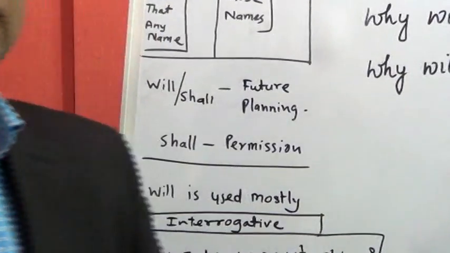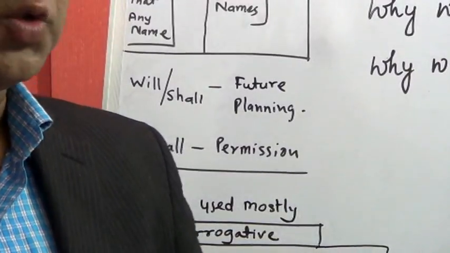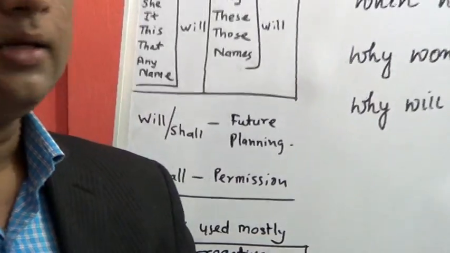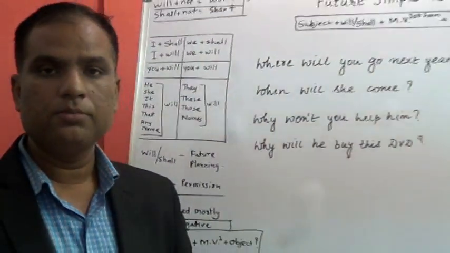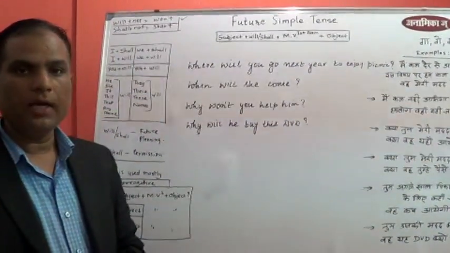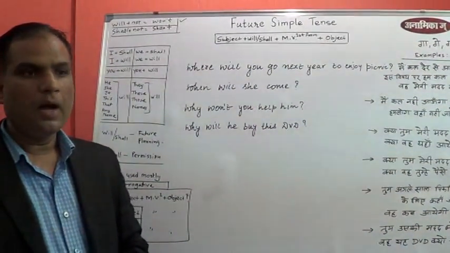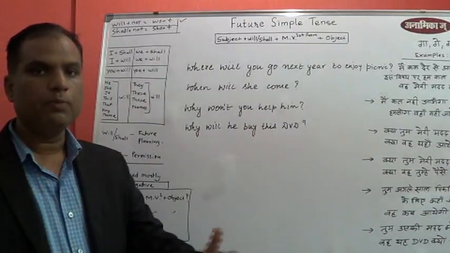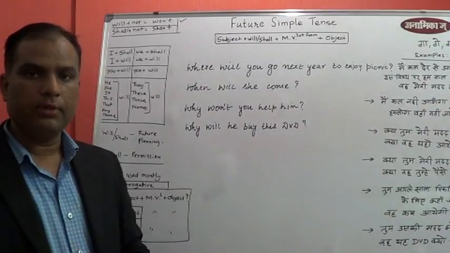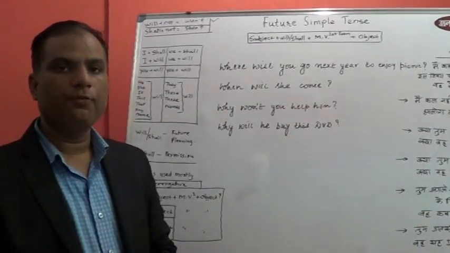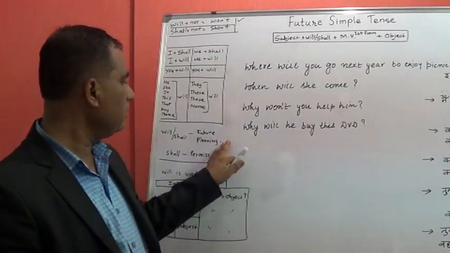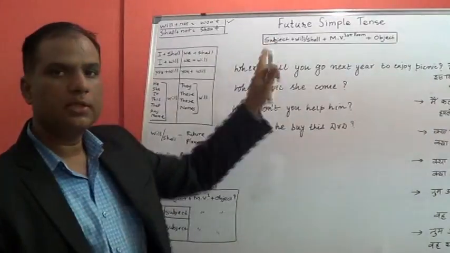For example, I will go to the market tomorrow. I will buy a shirt tomorrow. I will meet my friend after some time. I will have dinner at this point of time tonight. So all these activities are planned for future. So future planning can be done with the help of future simple tense.